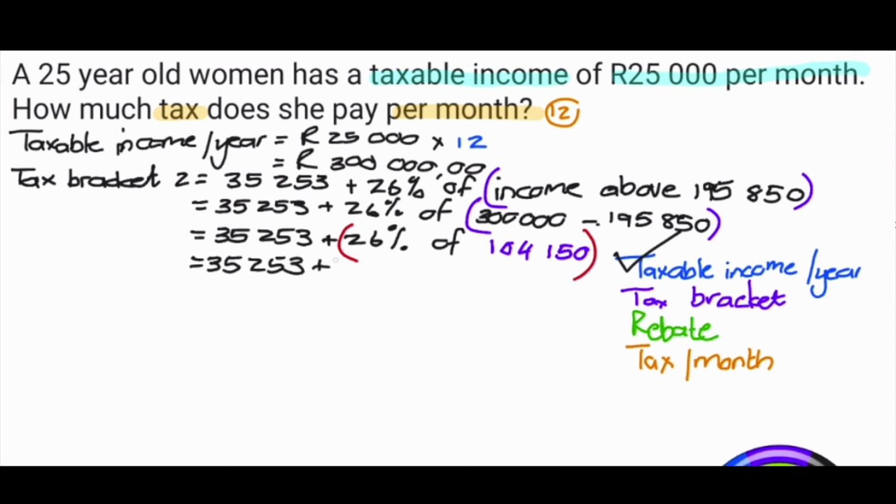Another way of writing 26% is 26 over 100. Another way of writing of is times. I indicate on the right-hand side when I'm done with the tax bracket.